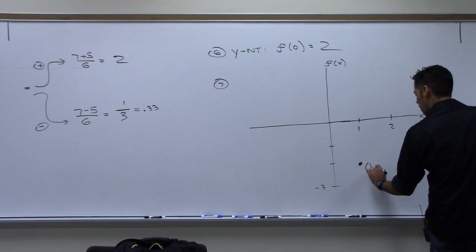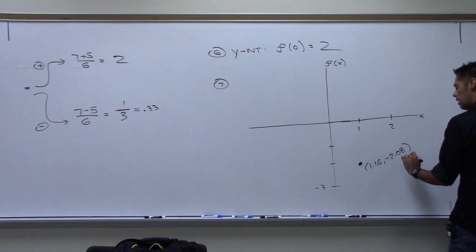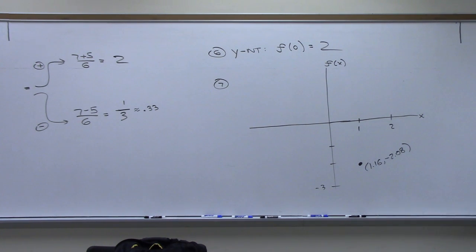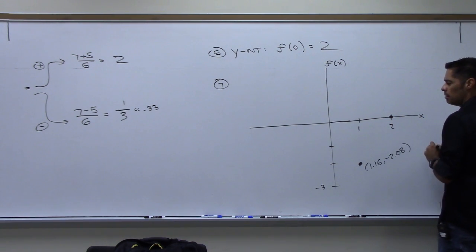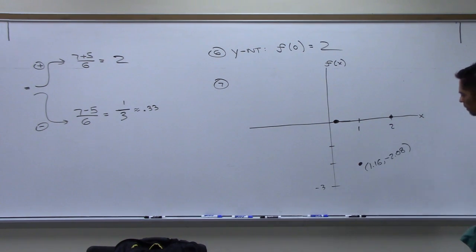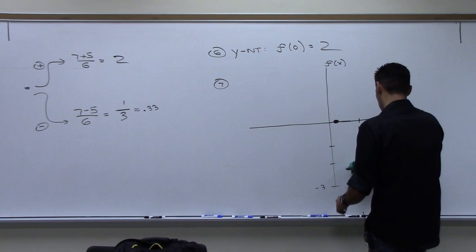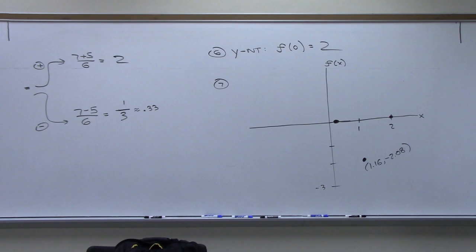I will label the point 1.16, -2.08, I think we had. Good enough? That look good to you? All right, next thing on here. X-intercepts, which were 2 and 0.333 right here. Sorry, I'm going to move this over just a little bit. It looks different from this angle than it does straight on.